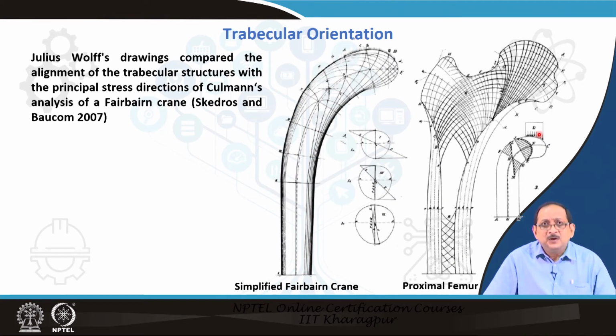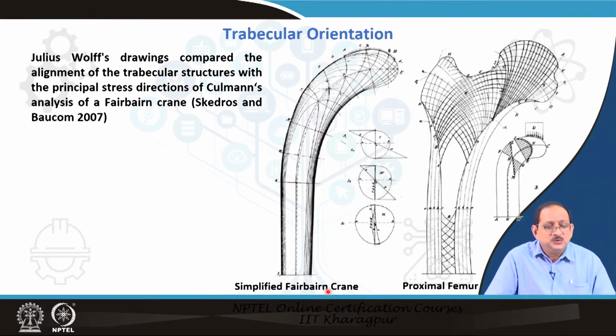The drawings of Julius Wolff compared the alignment of the trabecular structure with the principal stress directions of Culmann's analysis of a Fairbairn crane. In this figure, a simplified solid model of a Fairbairn crane was considered, assuming continuum.